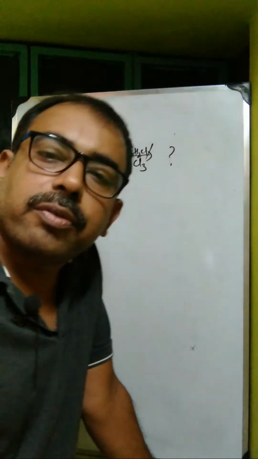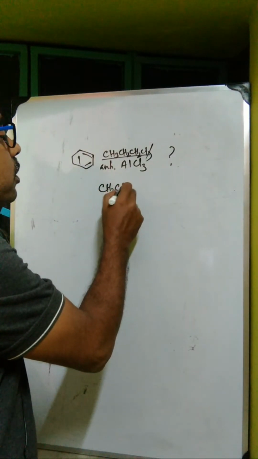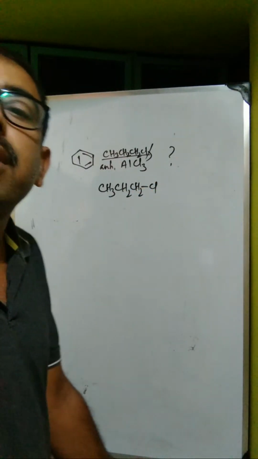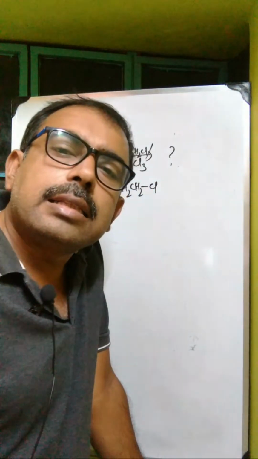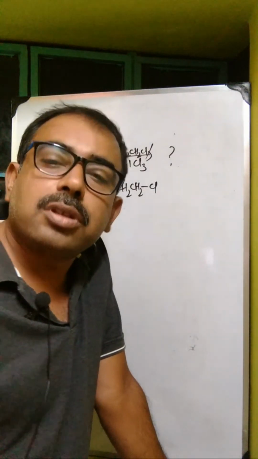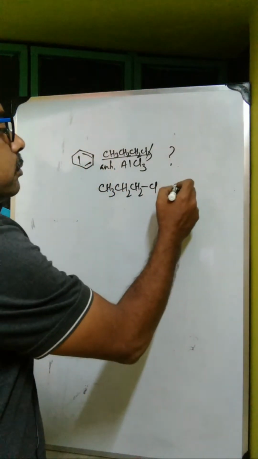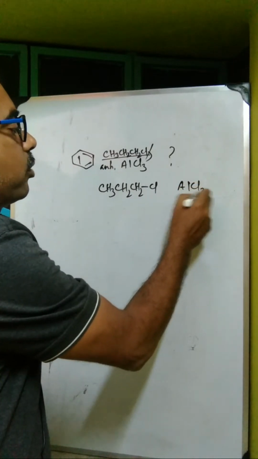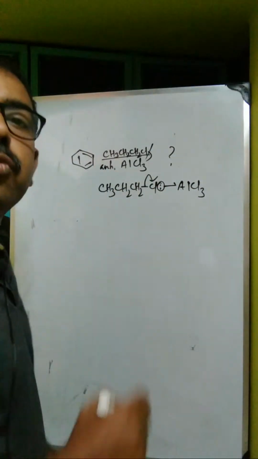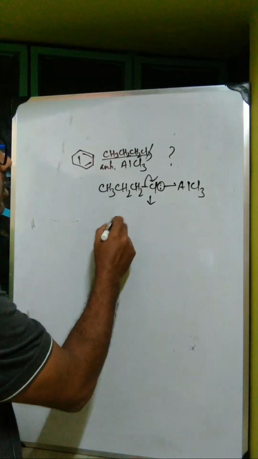In the first step, CH3CH2CH2Cl will react with anhydrous AlCl3, where aluminum chloride, being a Lewis acid, will accept a lone pair of electrons from chlorine. So a coordinate bond will be formed with AlCl3, and this bond breaks to form a carbocation.